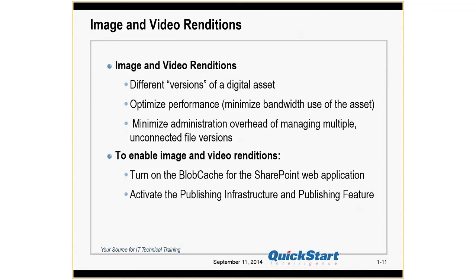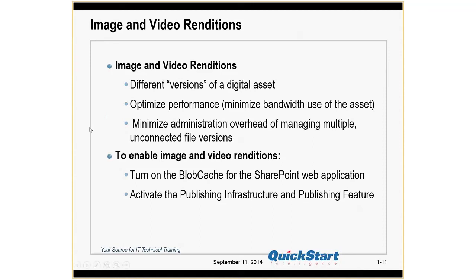But what they allow us to do is basically tag different versions of a digital asset, specifically an image and a video file. And by using those different versions, we can optimize performance and minimize the bandwidth use of that asset.